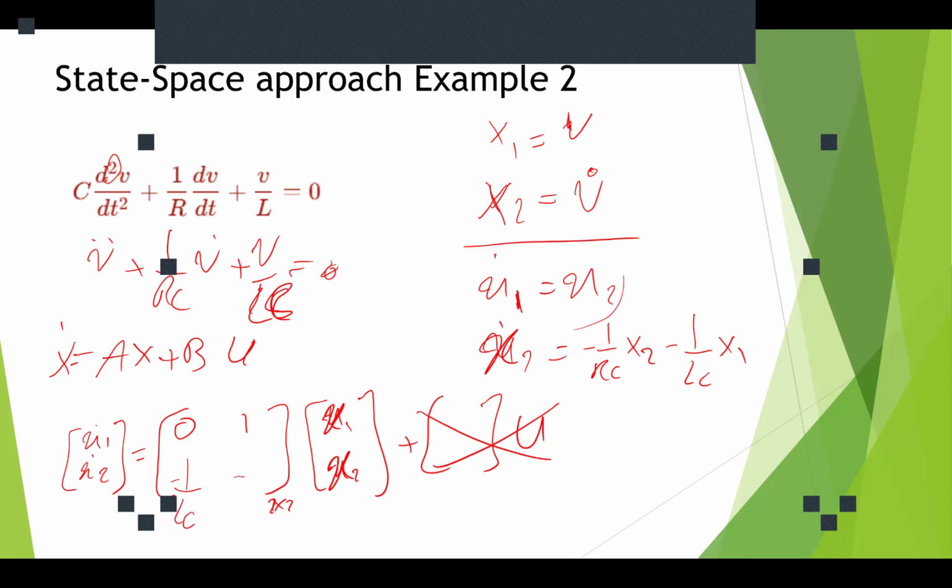So it's going to be minus 1 over LC, minus 1 over RC. Now we have our state variables. Are we good?